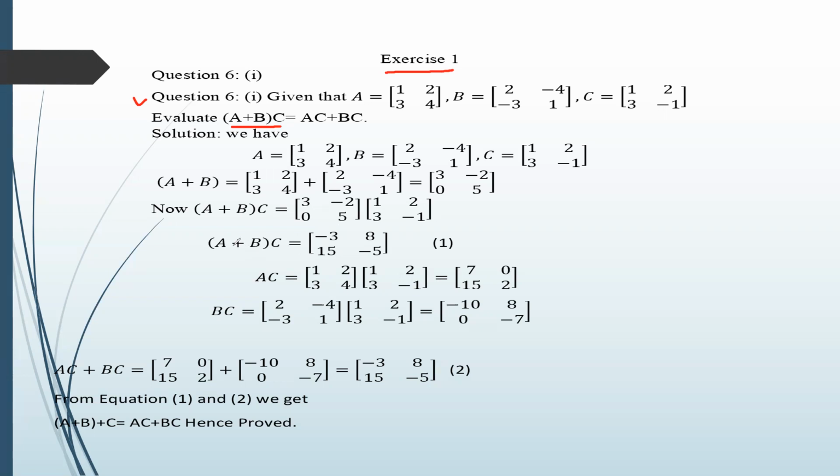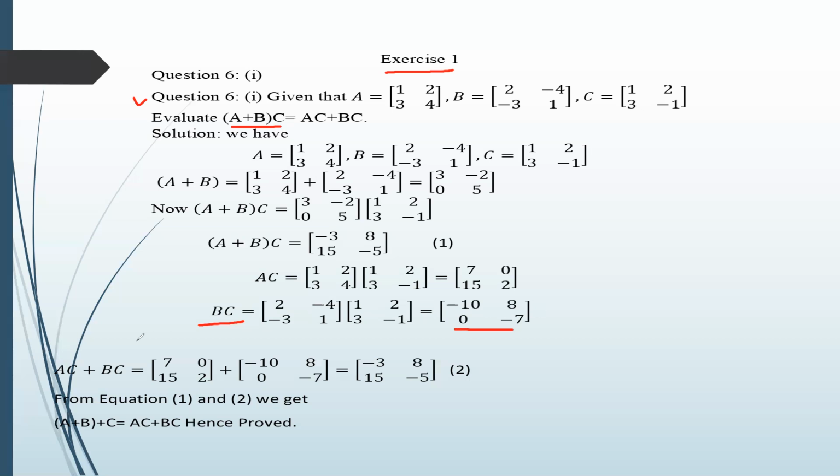Now we multiply A with C. Here matrix A is 1, 2, 3, 4 and matrix C is 1, 2, 3, minus 1. After multiplying, we get 7, 0, 15, 2. Similarly, we find BC. This is B matrix and this is C matrix. We get minus 10, 8, 0, minus 7.